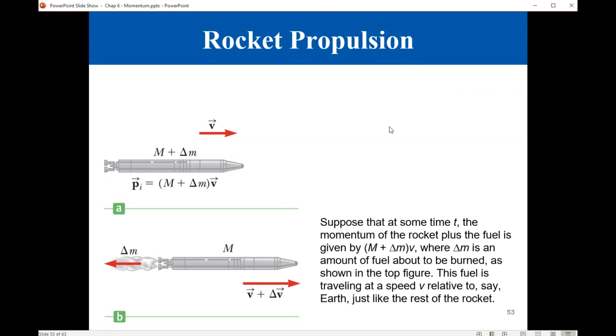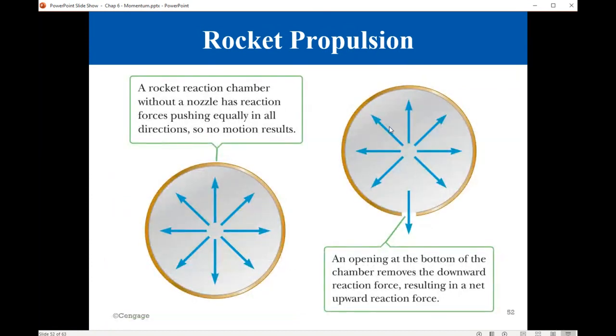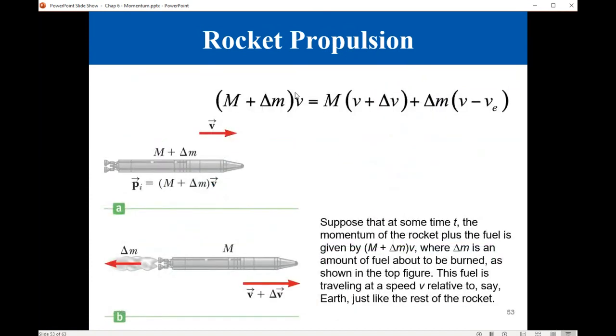So you have two situations, before and after. Before, you have the mass of the rocket and the ejected gas, with some velocity. After, you have the ejected gas with its own velocity and the rocket now with a new velocity equal to the original velocity plus the change in the velocity.